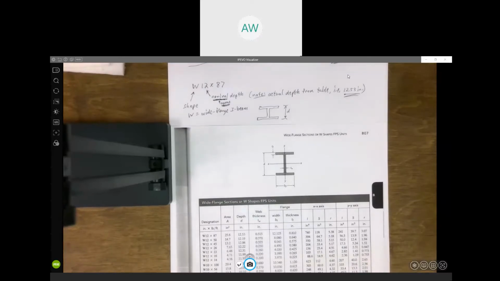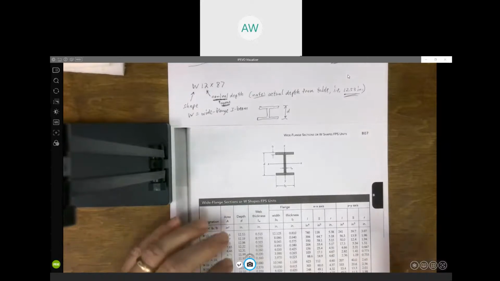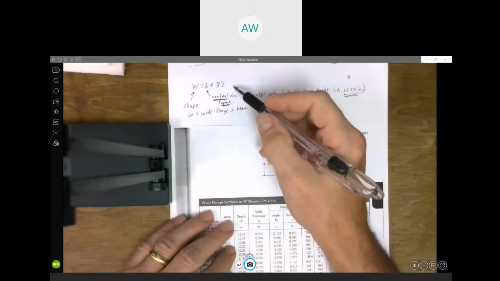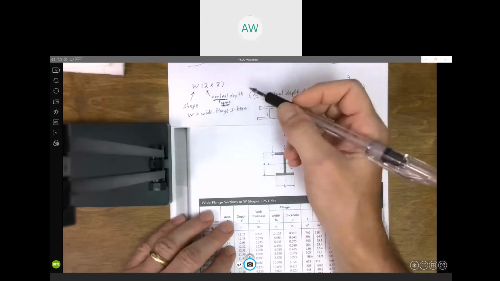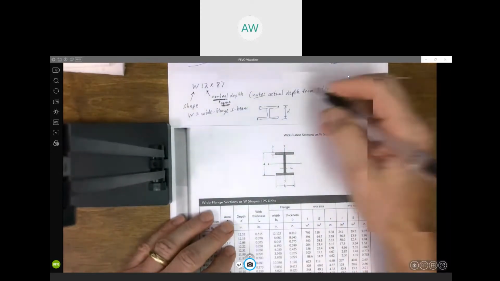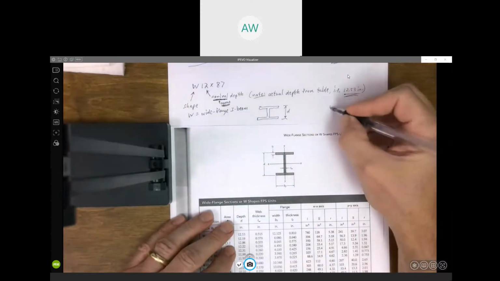All right, but that's what the first number tells you. This is approximately how tall this beam is. Right? And then finally, I will say this. If you're doing English units, this is going to be in inches.